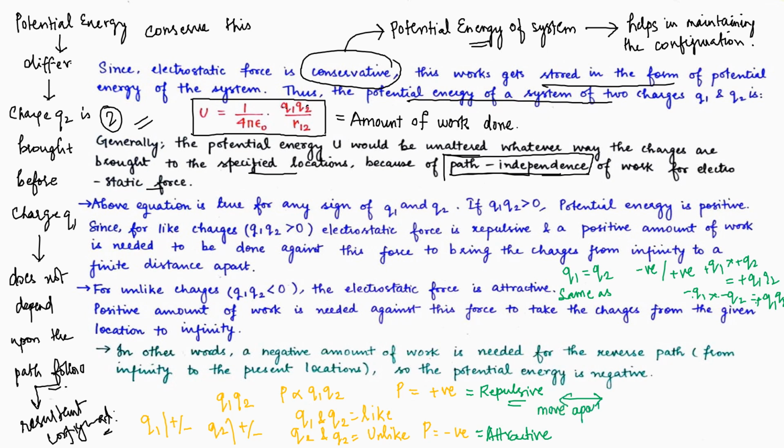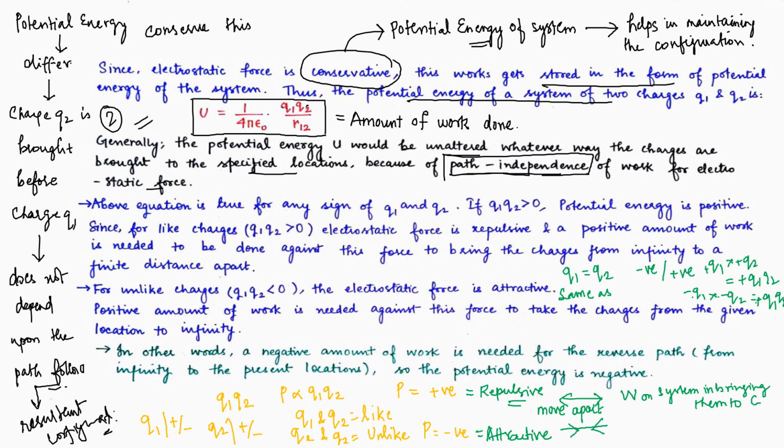So, what we aim to do is work on the system to bring them near, to bring them into the configuration. Whereas these are attractive, so they will try to attract.